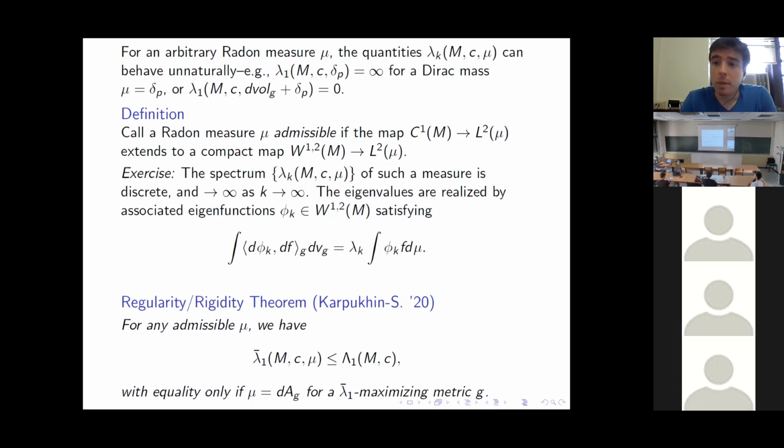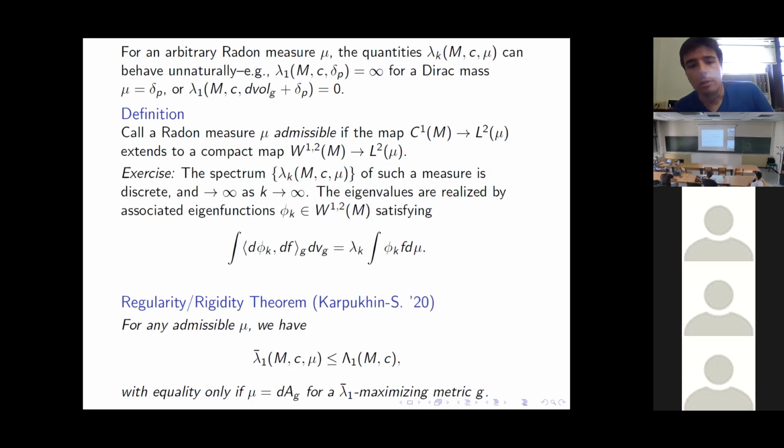All right, so what we show using the min-max characterization is that, in fact, for any admissible mu, any mu satisfying this criterion, the normalized first eigenvalue is bounded above by the maximum conformal eigenvalue over smooth metrics. And moreover, equality holds only if mu is a smooth maximizing metric.